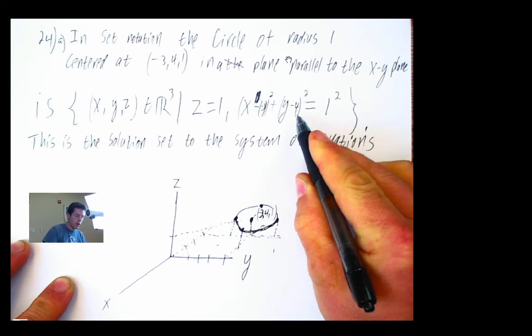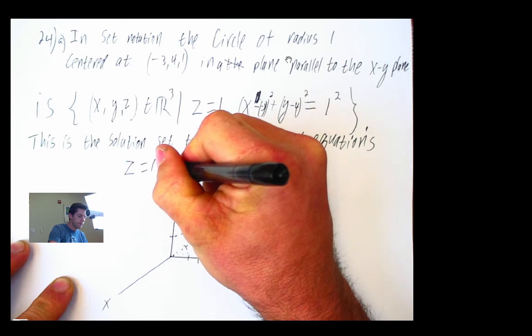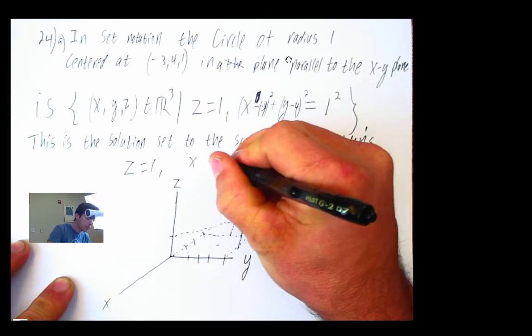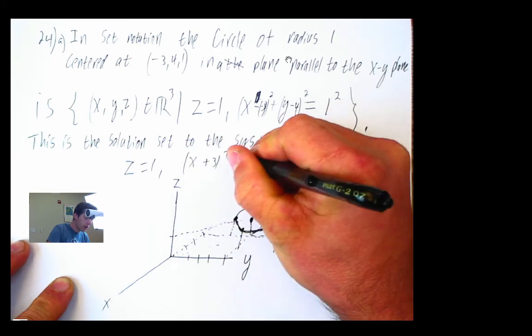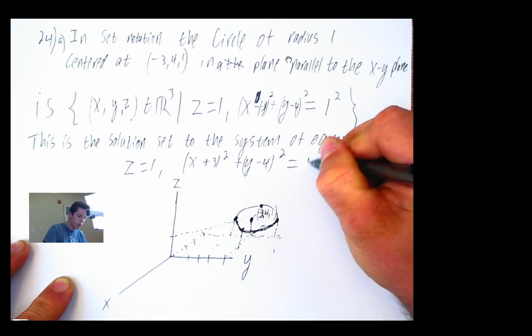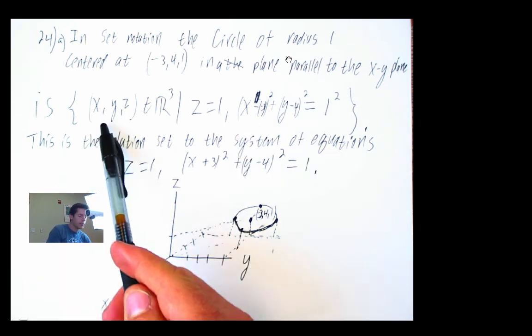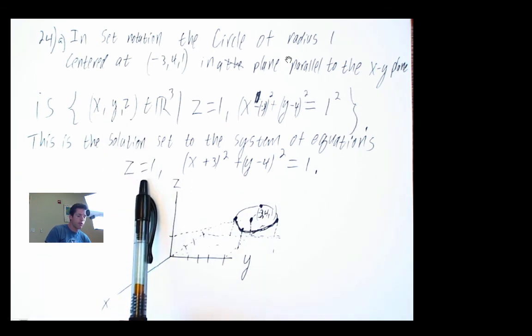And those equations are sitting right here. z is equal to 1, and (x plus 3) squared plus (y minus 4) squared is equal to 1. Okay, so I have a verbal description I started out with, a description using set builder notation, and a description as the solution set to a system of equations. Notice this is a system because we are only concerned in here with the points that satisfy both that equation and that equation.